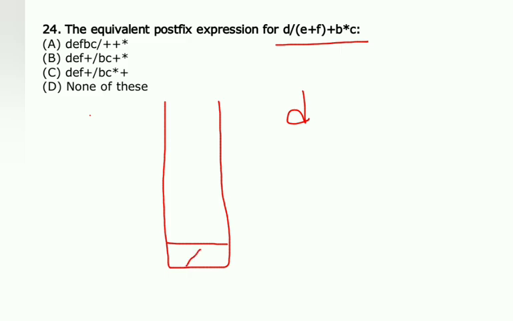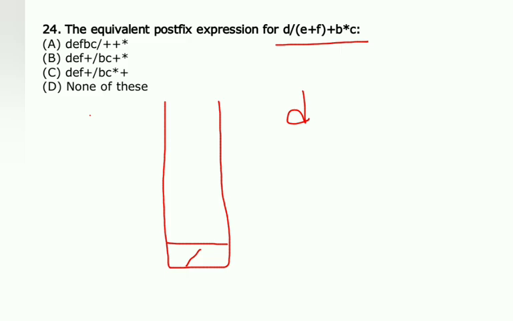So here while pushing the operators into the stack, we have two rules. Okay. So lower priority operator should not be placed over higher priority operator, and no two operators of the same priority must be there in the stack. So these are the two rules that we have to follow.